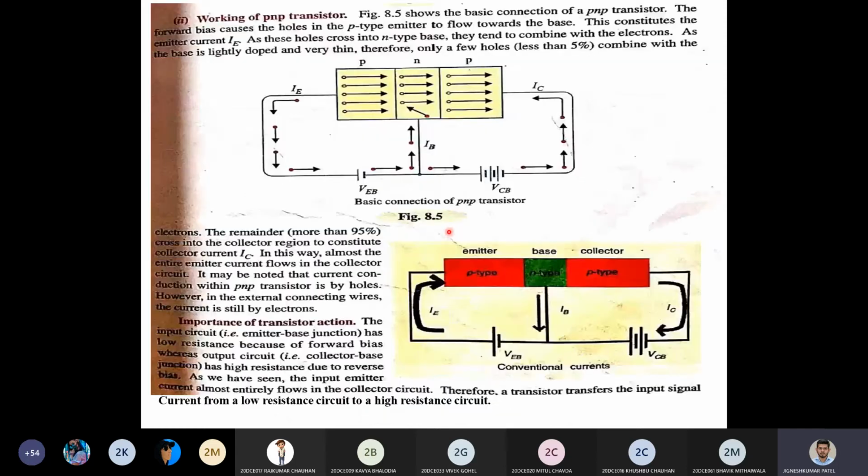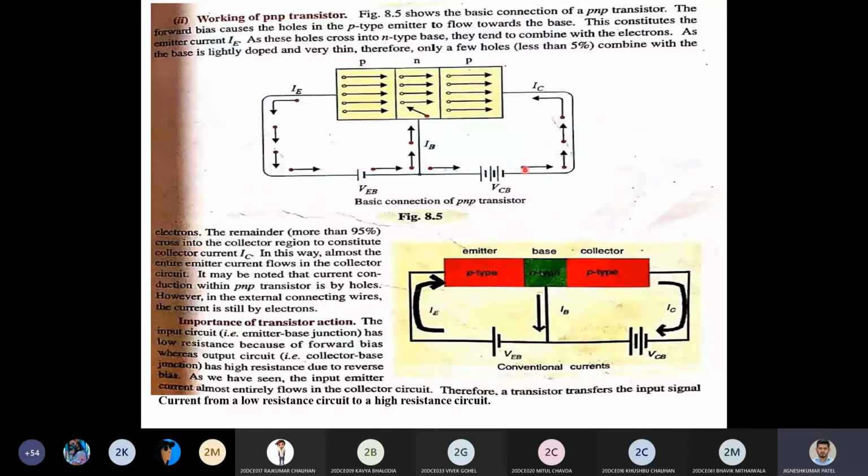In the same way, let's look at the PNP. What happens with a PNP? In case of PNP, I have the positive terminal over here, so it will push the holes from this layer to this layer. The holes recombine with the electrons present in this n layer. The same thing is happening. Then the remaining holes, the 95% that are still left, will be attracted toward this negative terminal, so my current will be flowing like this.